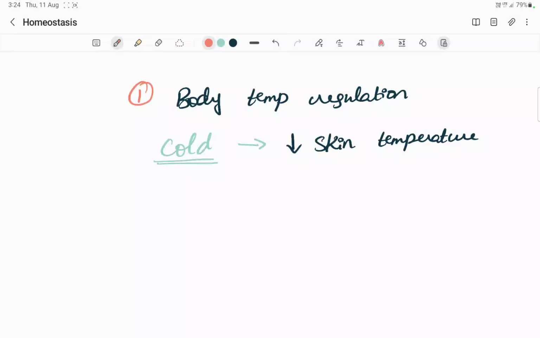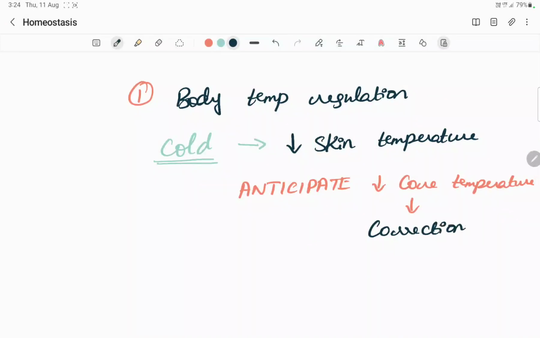But then the core temperature, the system anticipates a decrease in the core temperature, which hasn't occurred yet, but the system will anticipate a decrease in the core temperature, and thereby correction.